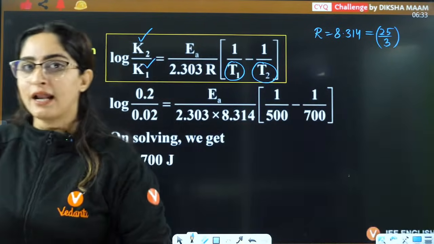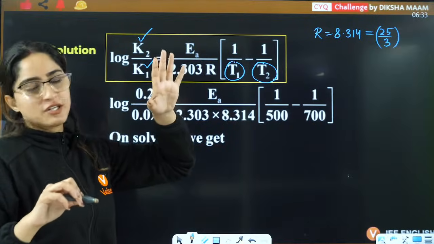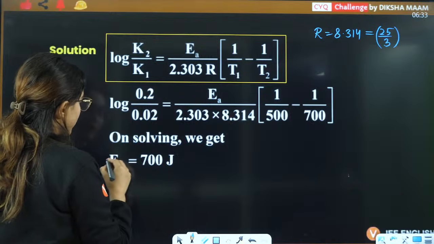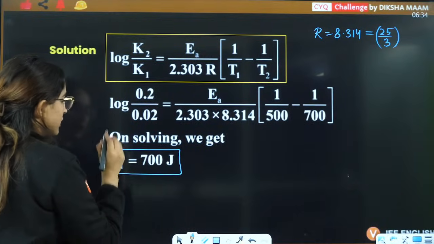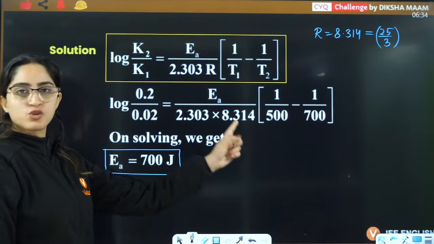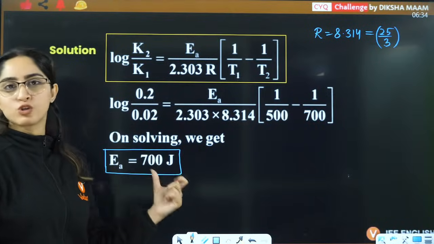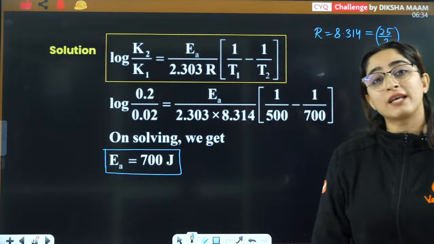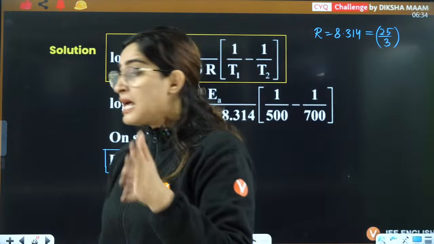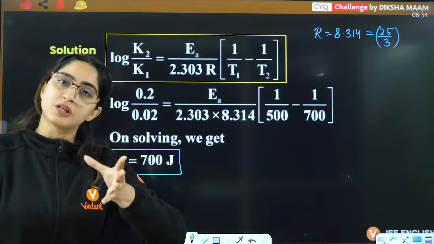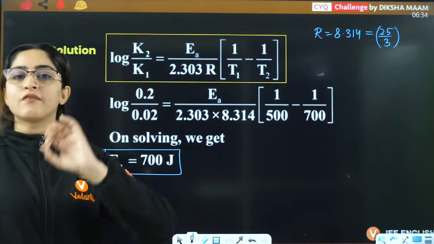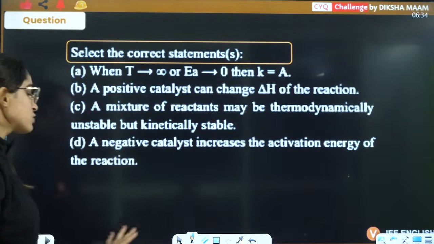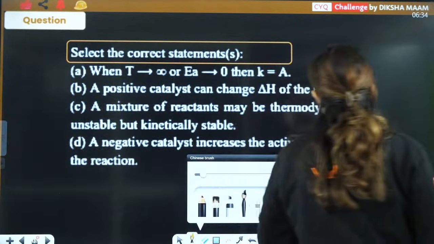So put all the values here and you will get the value of activation energy, and because you're putting R in joules, the energy will also be in joules. If they have given it in electron volt or kilojoules, then you will have to do the conversion. Just remember what is given in the units, because in these questions the unit tends to be more important.